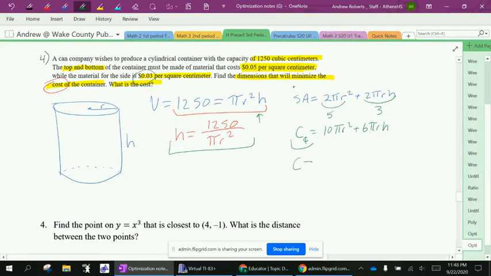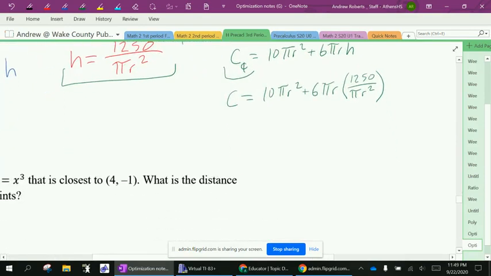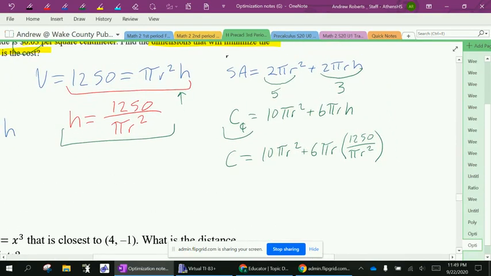So I'm going to have my cost equals 10 pi r squared plus 6 pi r times 1,250 divided by pi r squared. Now, you don't have to simplify that if you don't want to. However, that's a really easy simplification.